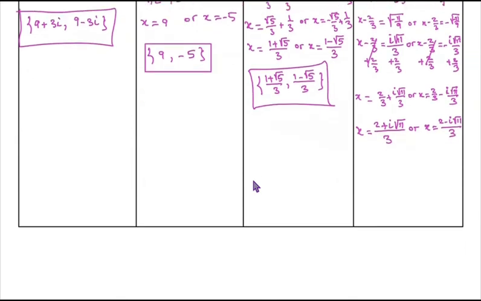And the solution set is 2 plus i square root of 11 over 3, comma, 2 minus i square root of 11 over 3.